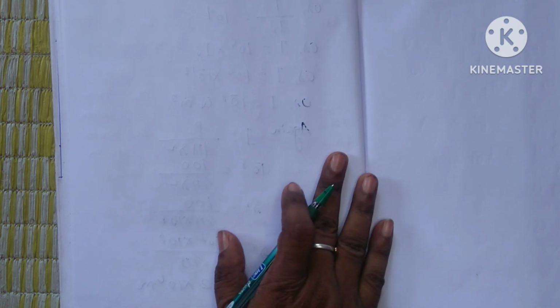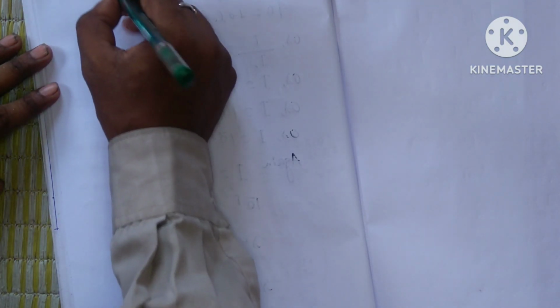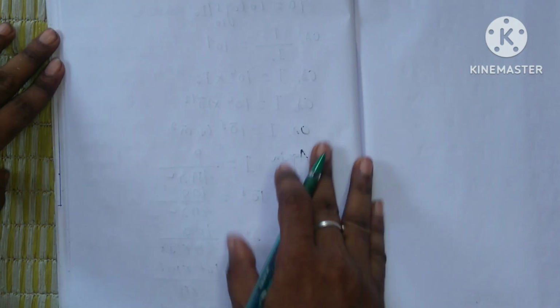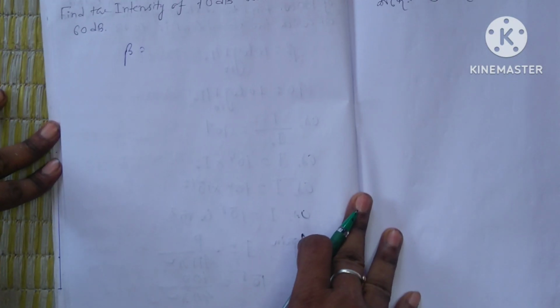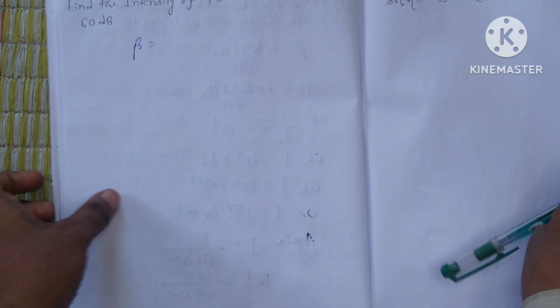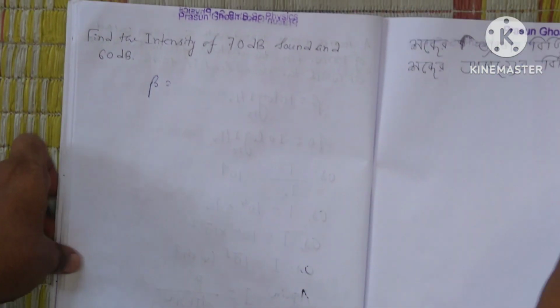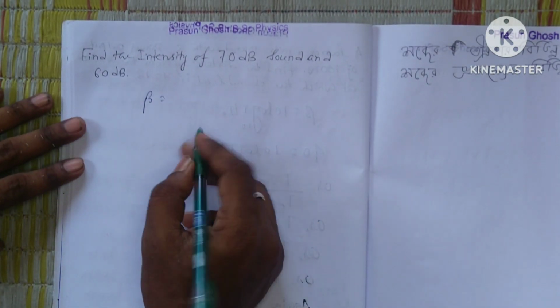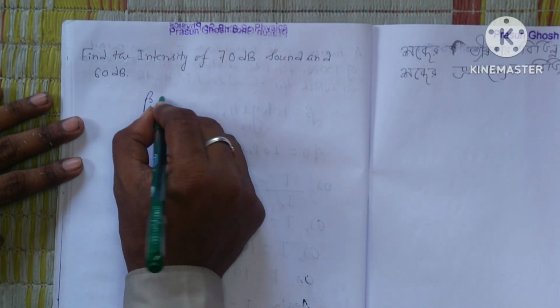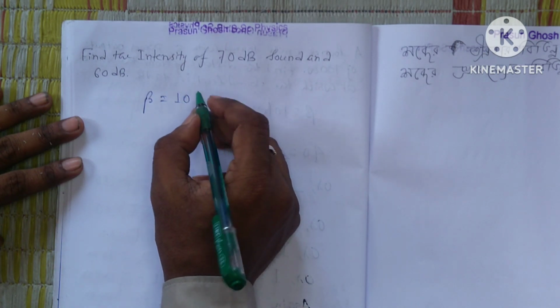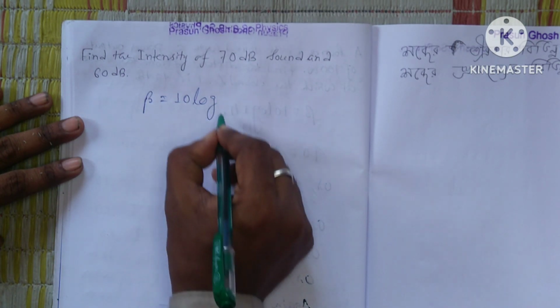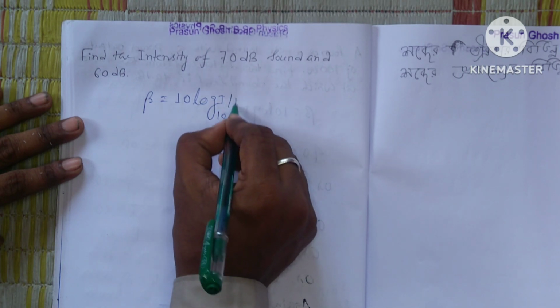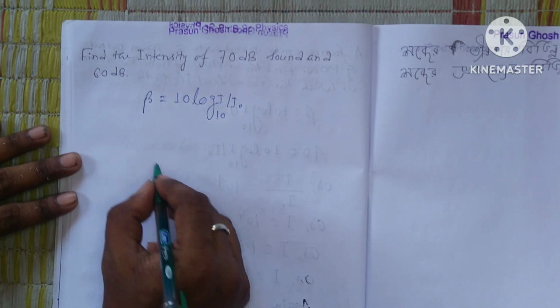Next, the intensity level, that is 70. We know that beta equal to 10 log 10 base I by I0.